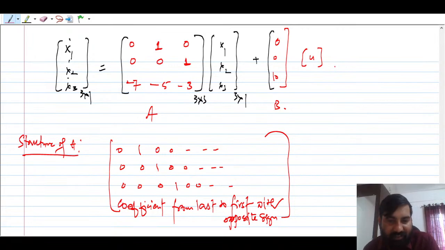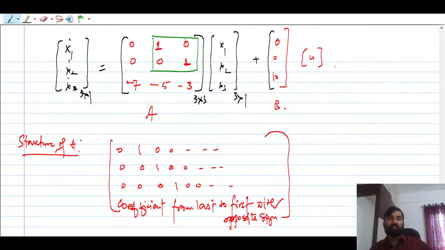So if you partition this matrix, guys, I have talked about partition in some of the classes. If you partition this, you will find that this is coming out to be an identity matrix here, right? So this is a kind of identity matrix that you might get. Please remember.